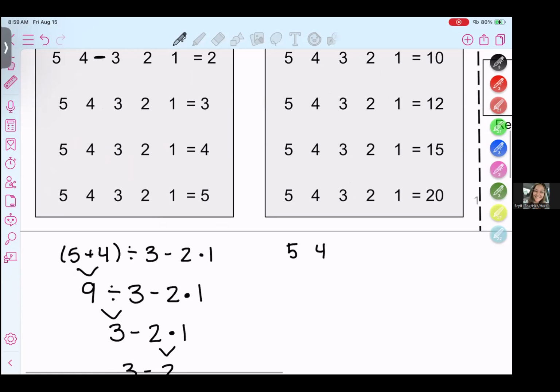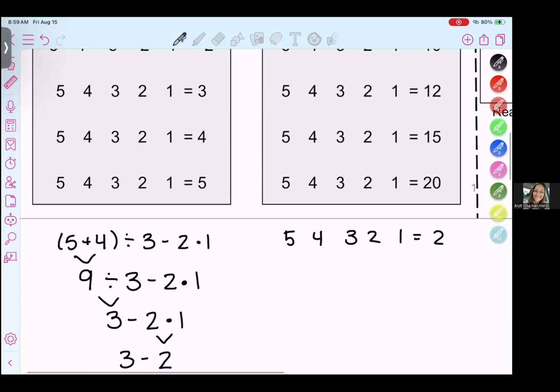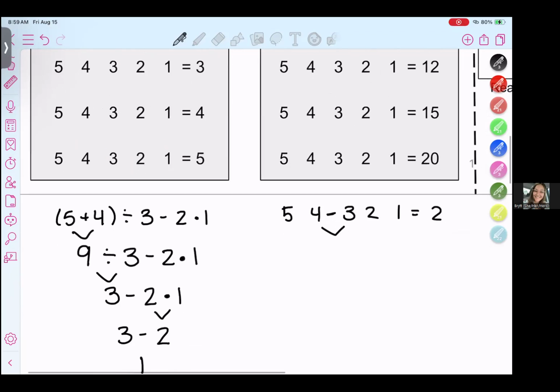5, 4, 3, 2, 1, and we're trying to get to 2. We do 4 minus 3, we have 1. And then we have a 5 over here, we have a 2 and a 1. Then we want to do 5 minus 1, which gives us 4. 2, we have a 1.